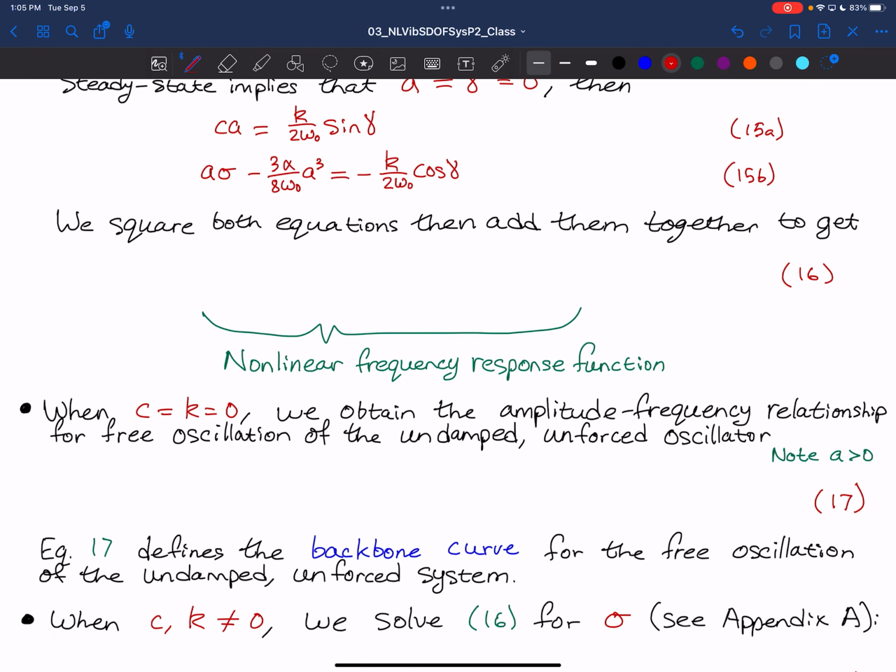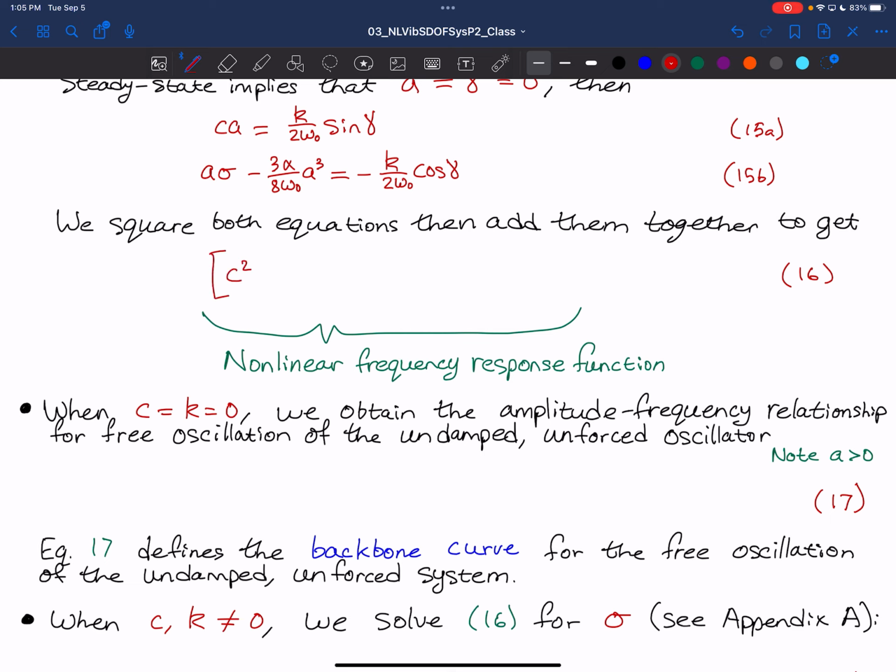So what we're going to do now is we're going to square both sides of these equations, and then we're going to add them together, which will allow us to eliminate the sine and cosine, and give us an equation that then allows us to find how the amplitude changes as a function of frequency. Doing that results in the following equation.